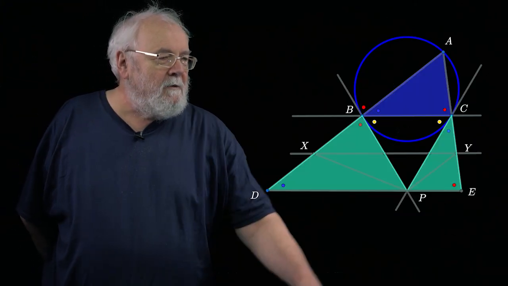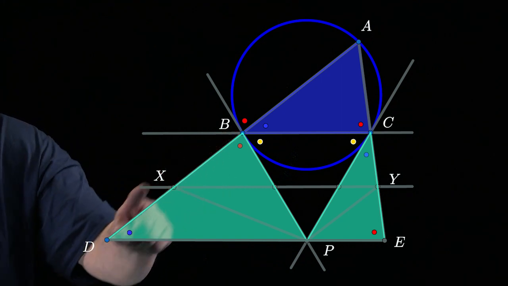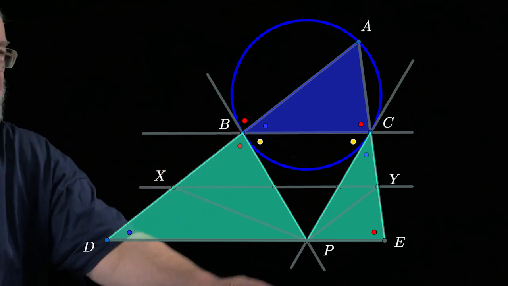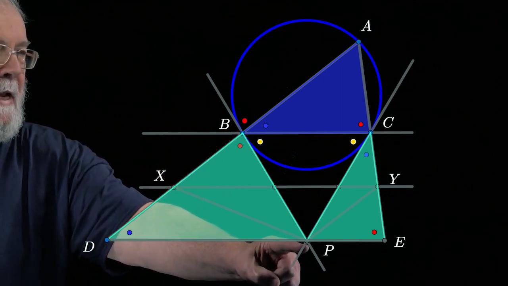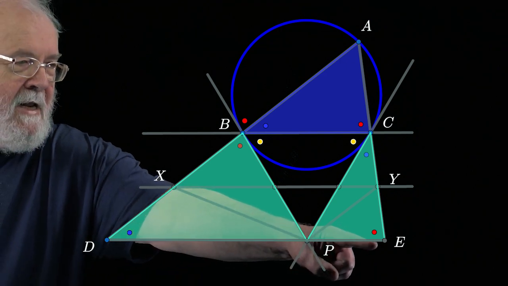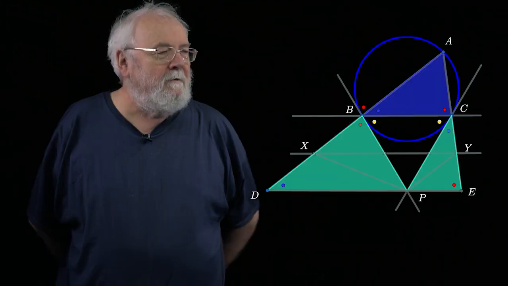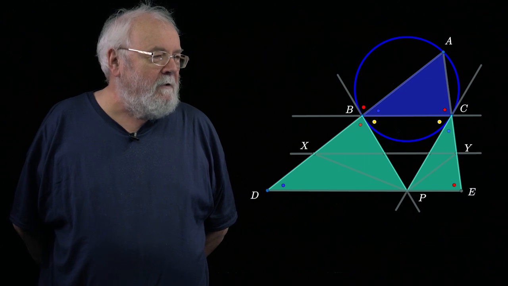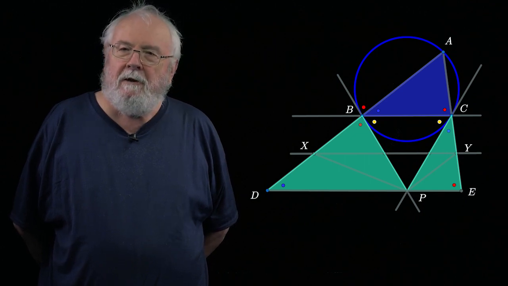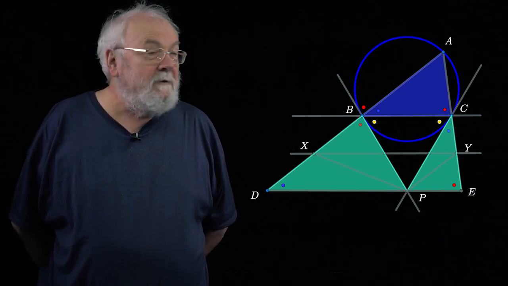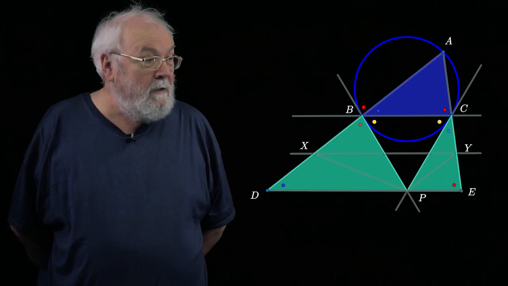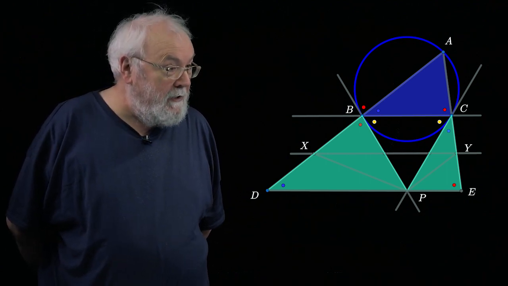Now look at triangles PBD and triangle PEC. Two of their angles match up. They come in equal pairs. And so the third angles match as well, and those are two similar triangles.